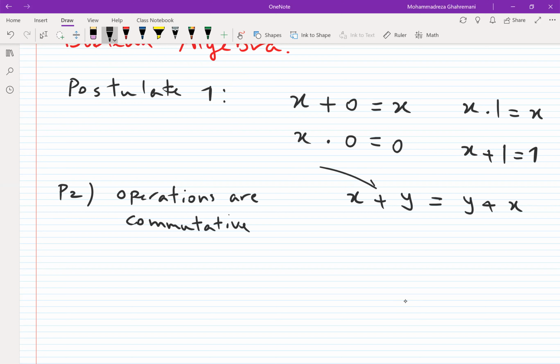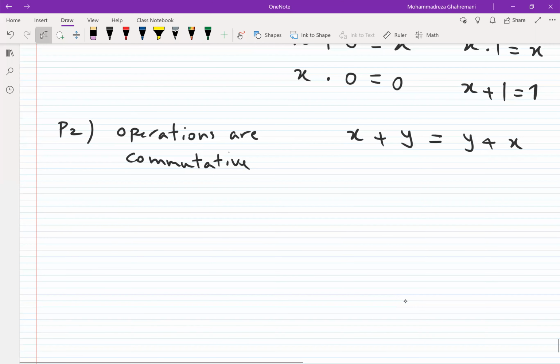Okay, so these plus signs and these dots that you see here are not arithmetic plus and multiplication. They are AND and OR. Okay, they are not plus or multiply. So they represent AND and OR functions. And of course we know x dot y is equal to y dot x.